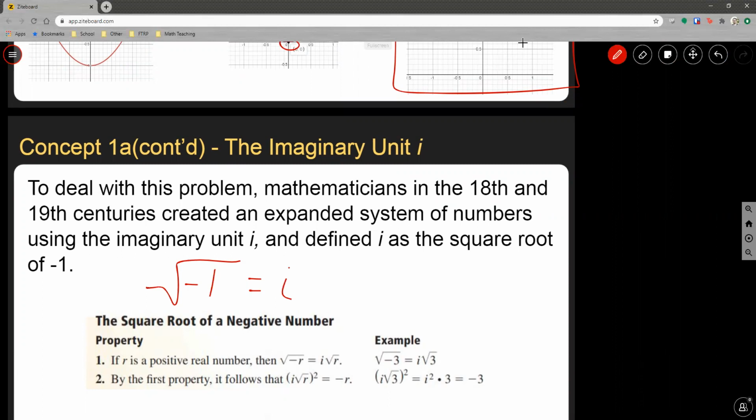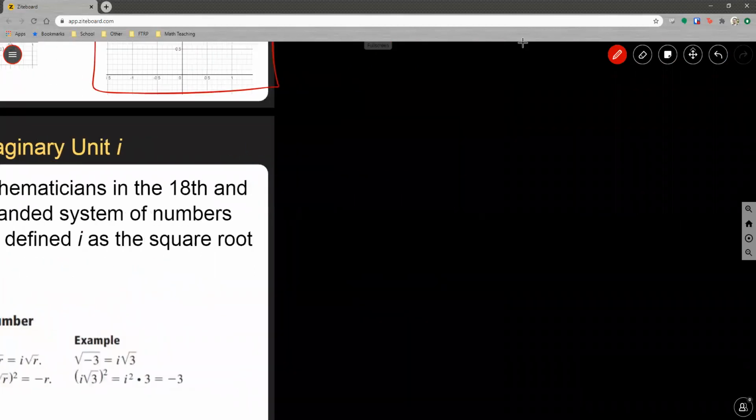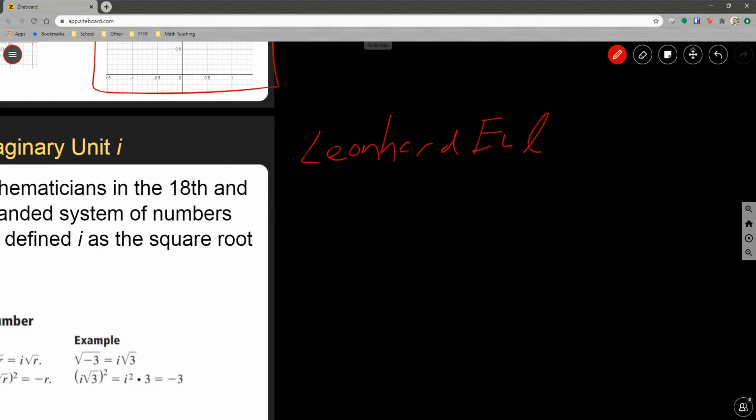So just a quick thing on numbers. This stuff was come up with by Leonhard Euler, probably the best mathematician that ever existed, in the 1700s sometime, and then this was expanded on by Carl Gauss, another amazing mathematician, and I think there was one other mathematician that did a lot of work with it, but I can't remember, maybe Bernoulli.